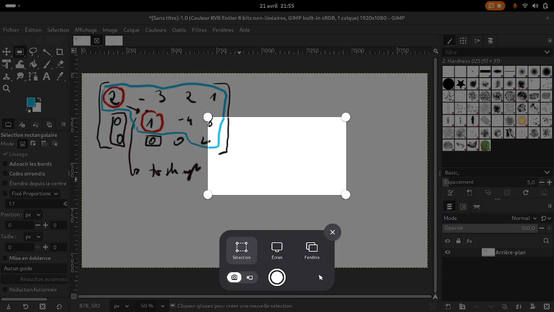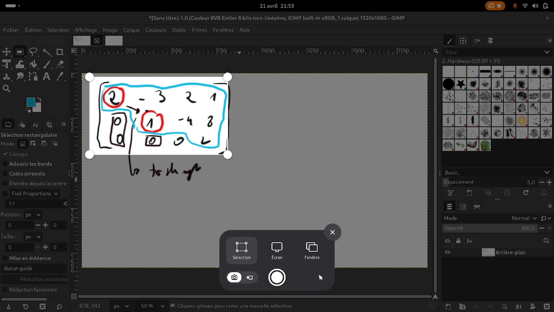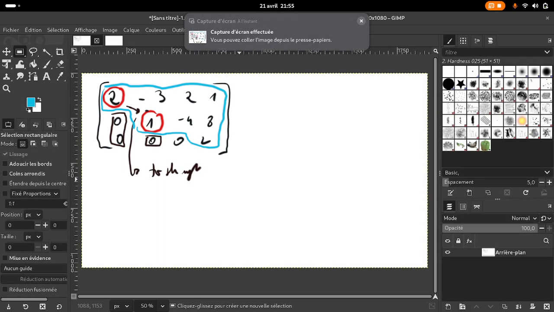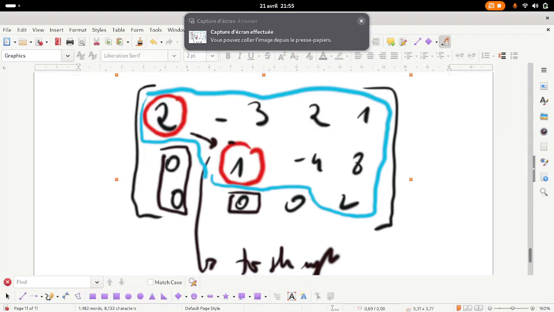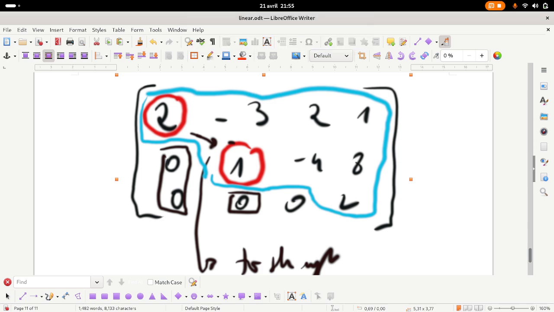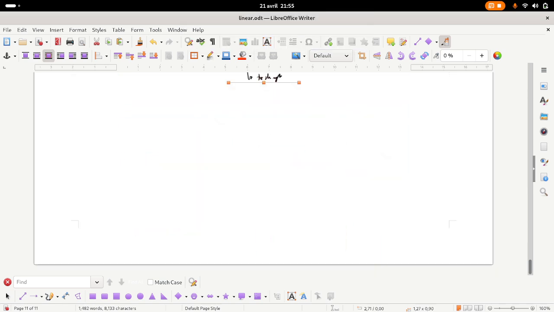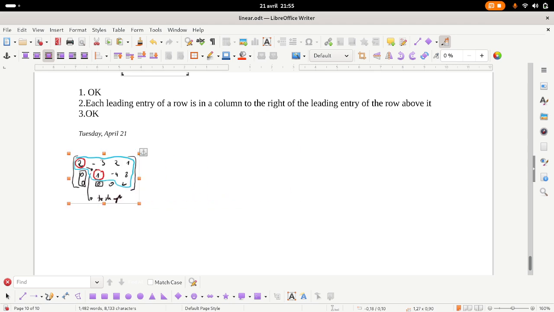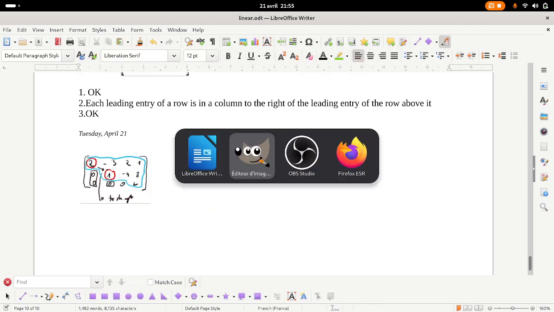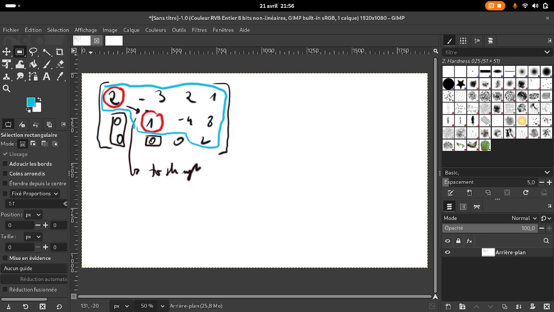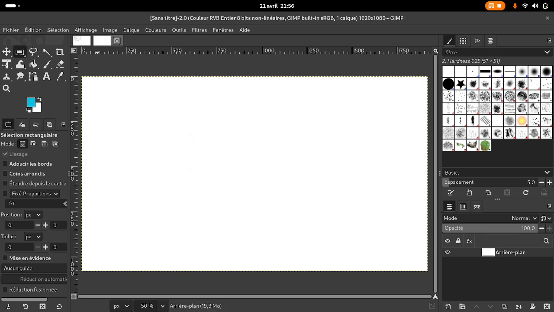So I will copy the first echelon form. Now we'll see the next echelon form, which is something like that.